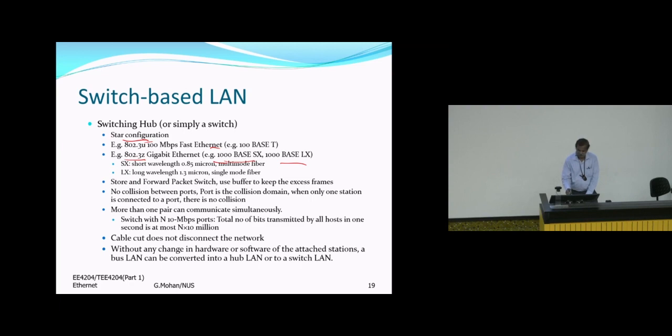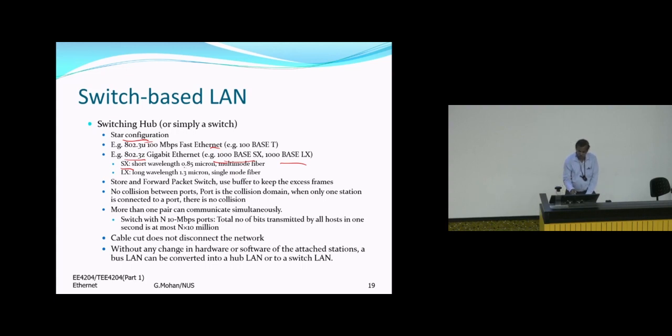And SX stands for short wavelength, because optical transmission, the wavelength. So there are 3 standards actually, 0.85, 1.3 and 1.55. 1.55 is used for WDM. I think the first lecture or second lecture I mentioned, wavelength division multiplexing. So recent optical networks, particularly wide area networks, not local area networks, operate at 1.55 micron.